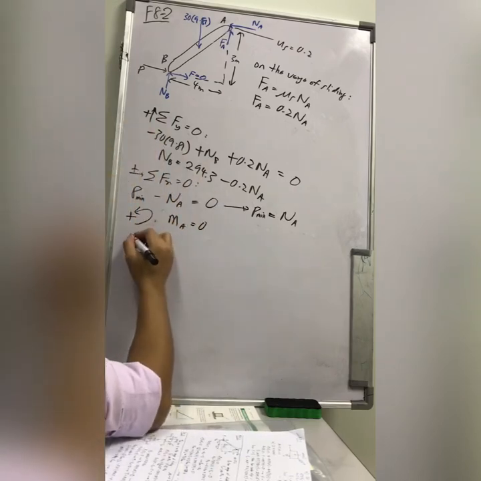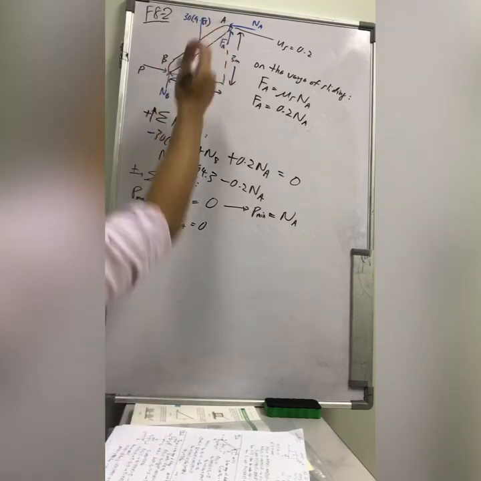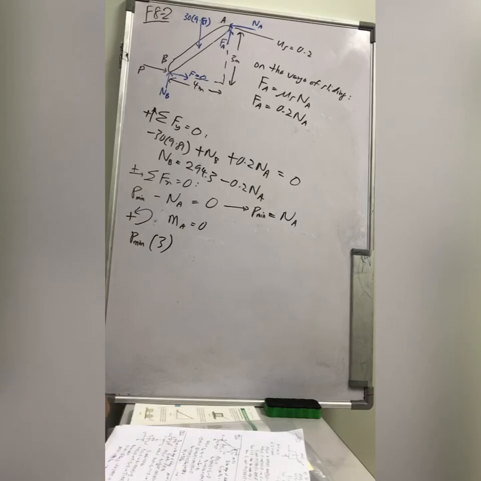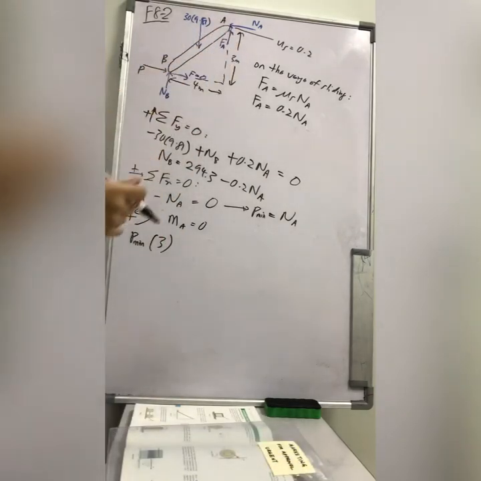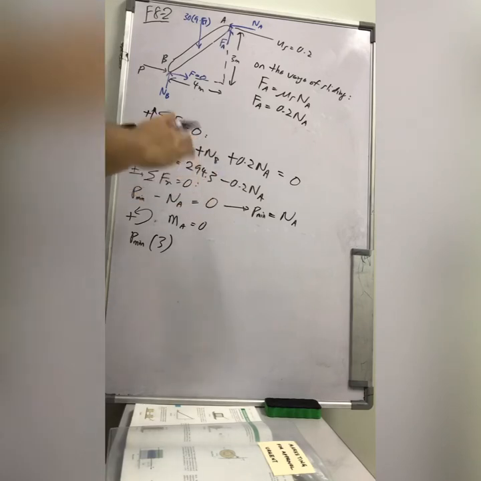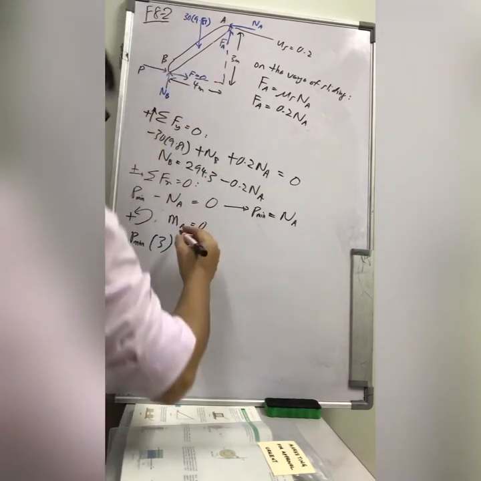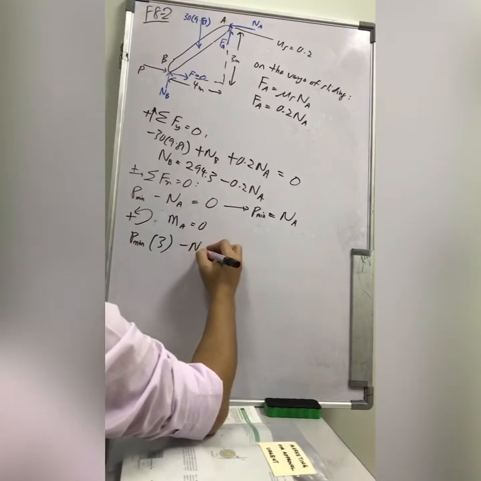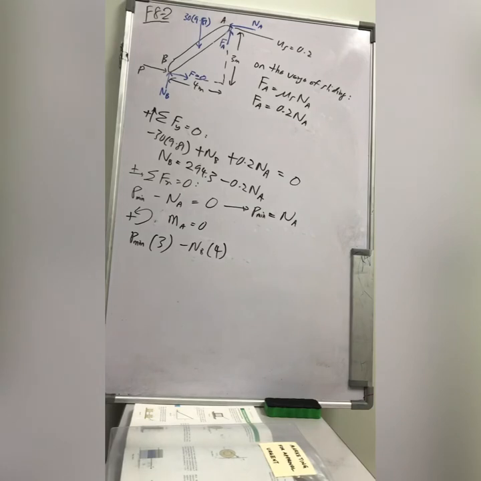So you have P min positive times what is the distance? This 3, right? P min times 3. What else? NB times 4, so you have minus NB times 4, isn't it?